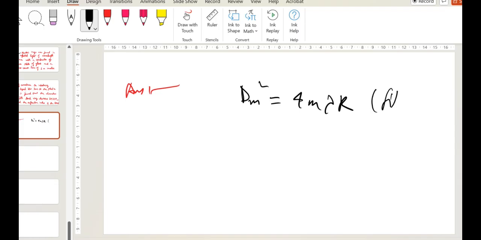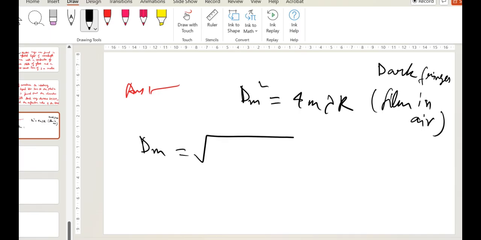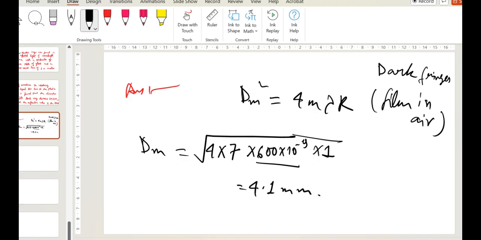So for a dark fringe, D_m becomes square root of 4 into 7 into 600 into 10 to the power minus 9, because that is nanometer, into 1 meter, that is 4.1 millimeter.